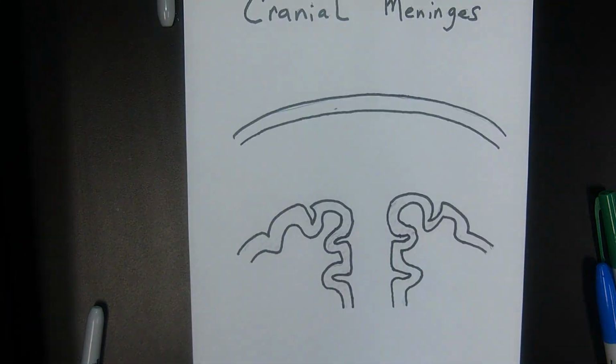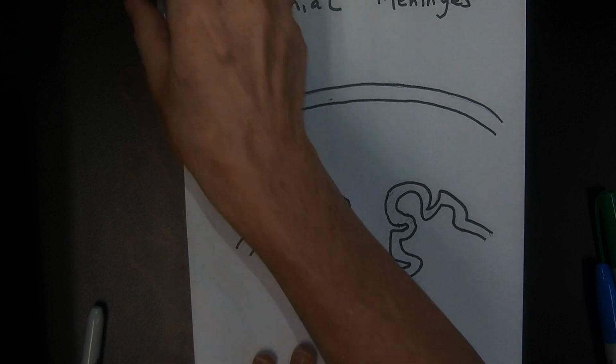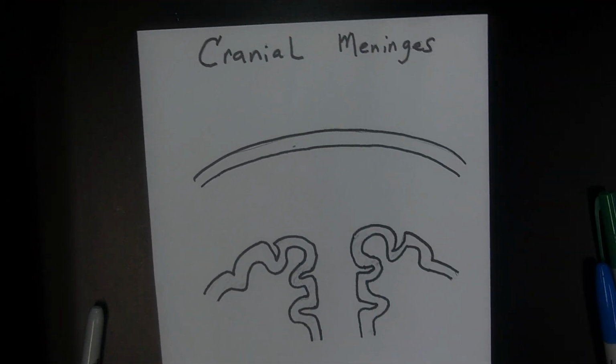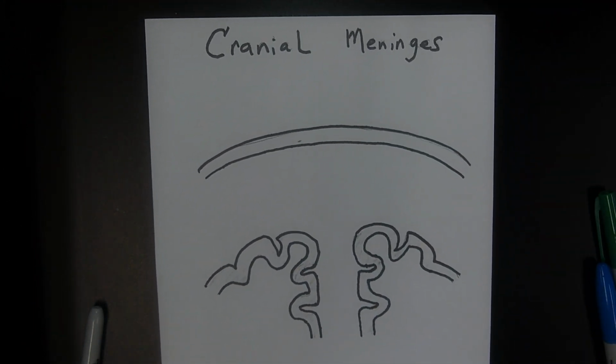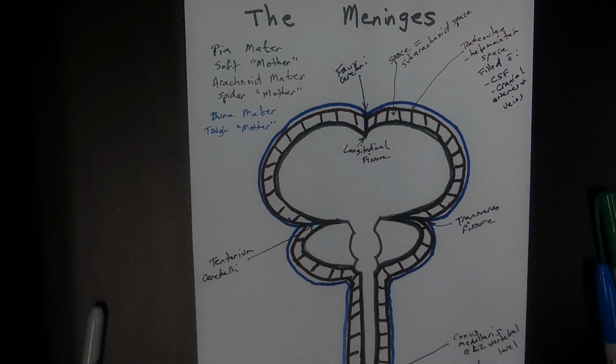Let's move on to the next one, which is cranial meninges. Okay, now we're going to look at Tyler's question. This is just the one, cranial meninges. Kind of orient you again. This is just a frontal section, and what I've done is I've gone from here.